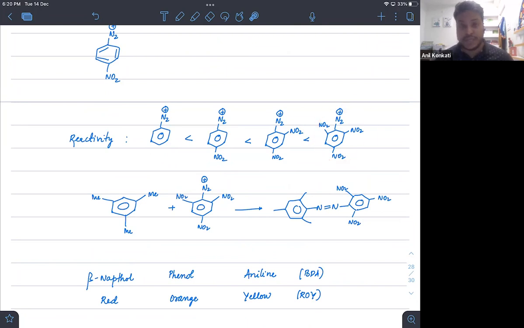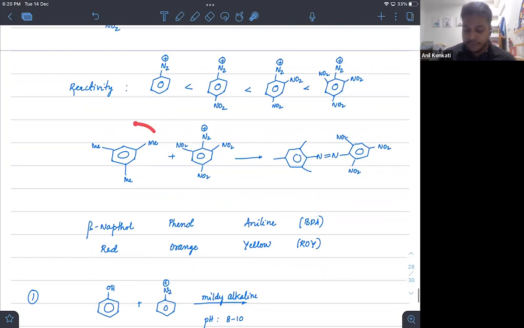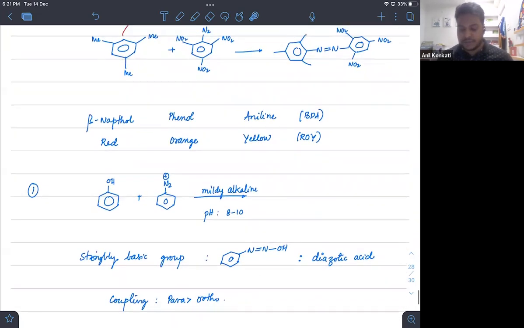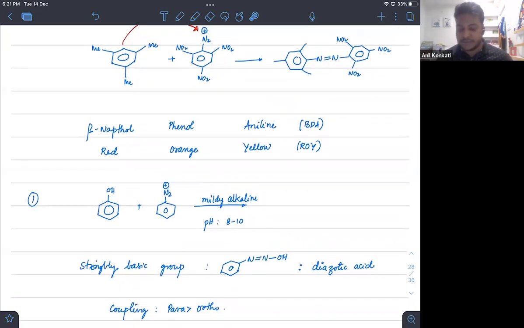In fact, to tell you how much reactivity, if at all I take mesitylene, this is mesitylene, although they are donating groups from different areas here, and they are not strong donating, still this reaction will take place, which means from here it will attack for an electrophile formation, and you will get this product. Clear? This is one way to remember first, then we'll discuss the mechanism.